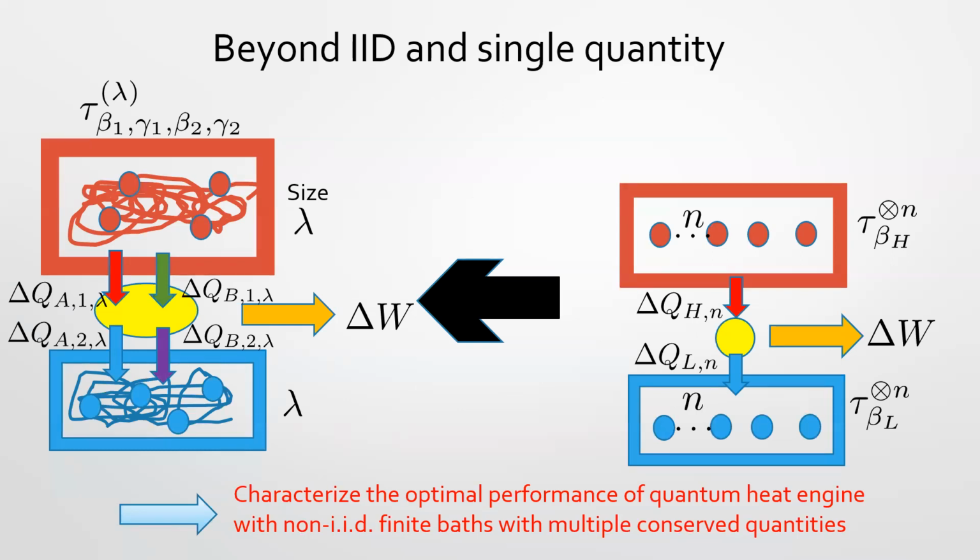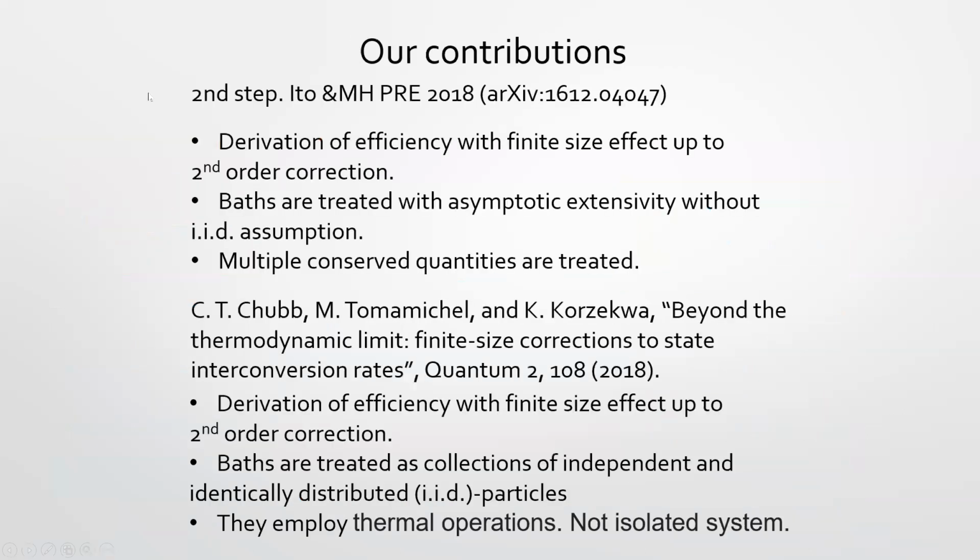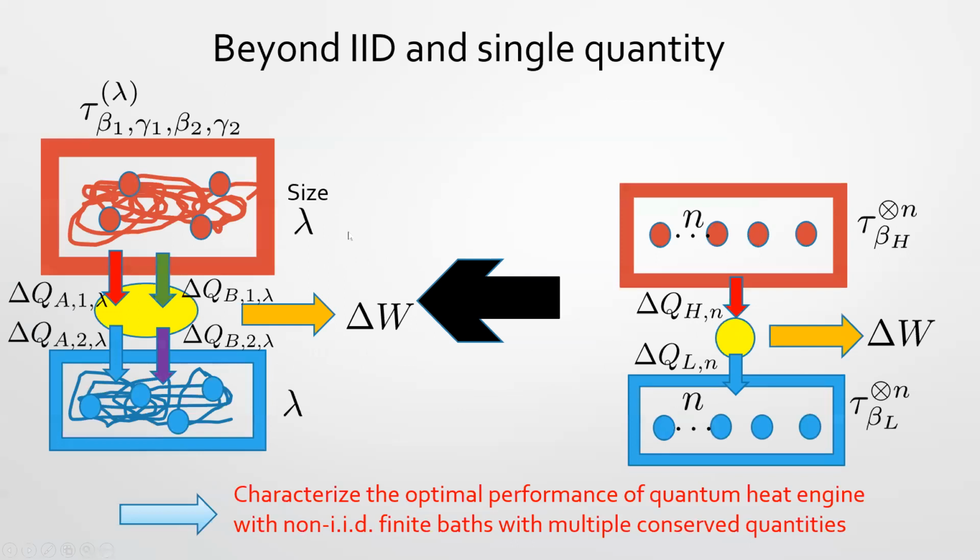So this is the difference between the IID assumption and the general asymptotic situation. How to say this one? Asymptotic extensivity. So our setting is asymptotic extensivity.